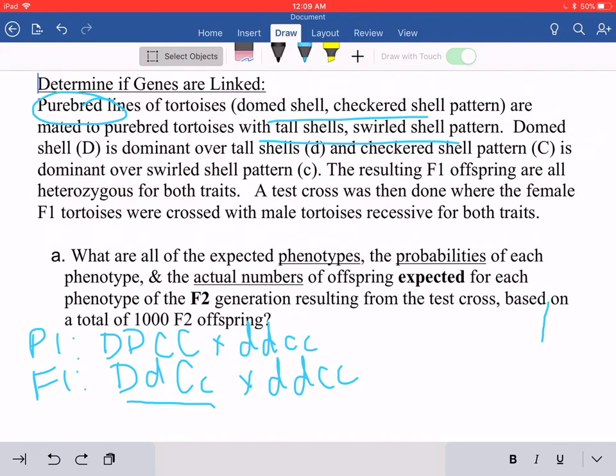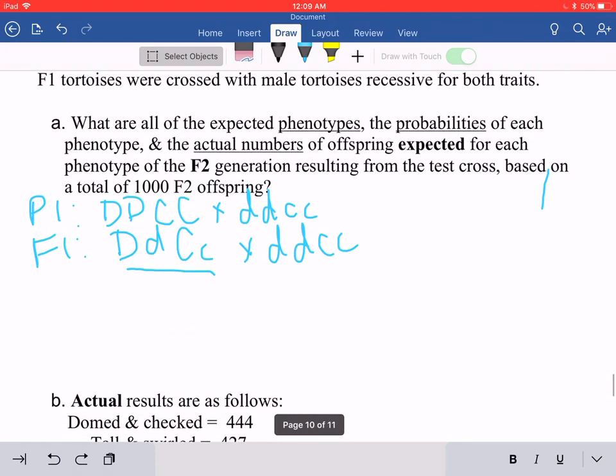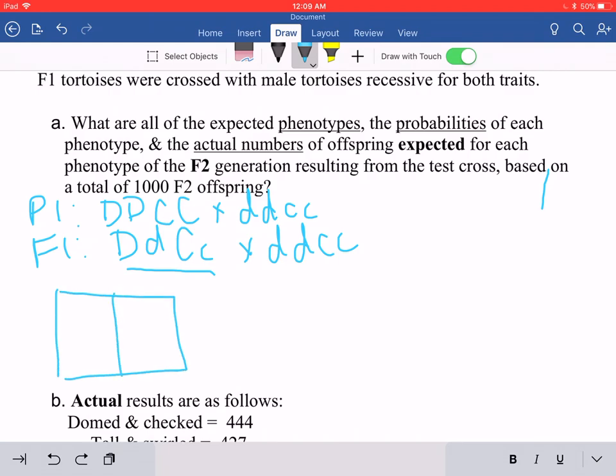Now what we need to figure out is what are the proportions of the individuals from this test cross. So again, we can make our little Punnett squares. You should be getting very good at these, where we look at our D's and we can come up with our proportions of what we're going to see.